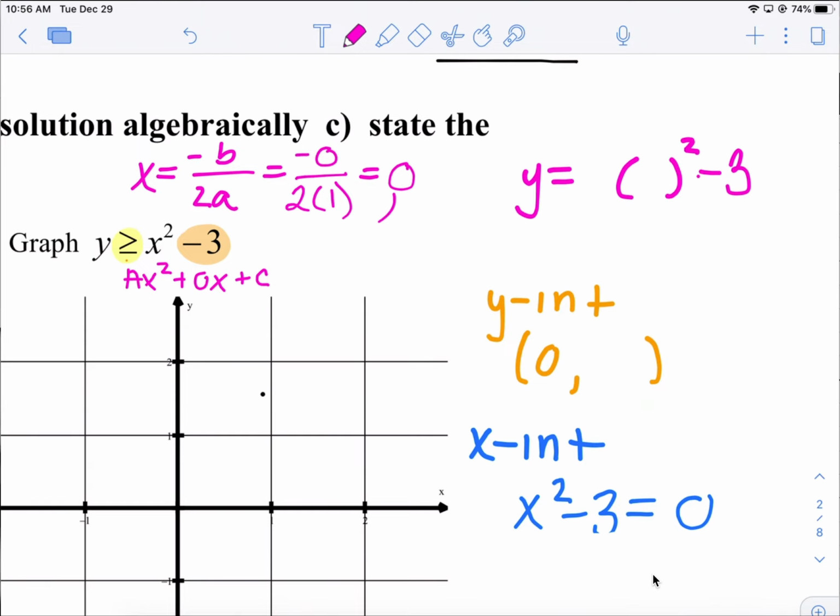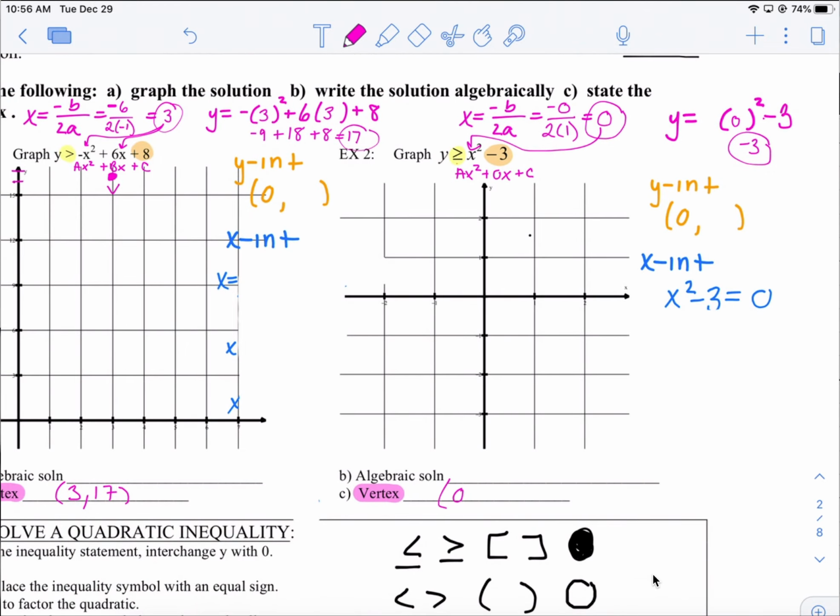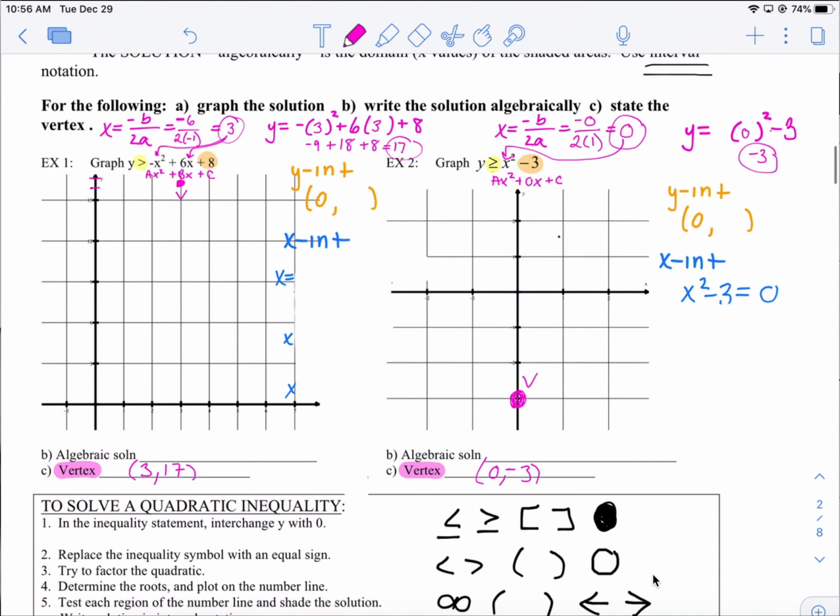If I take that 0 and plug it in, 0 squared minus 3 just gives me a negative 3. So this is my x, this is my y, and we're going to write our vertex: 0, negative 3, and then we're going to graph it. All of my pieces on here are counting by 1s, so that makes it really easy to find. Again, you can pause anytime you need to.